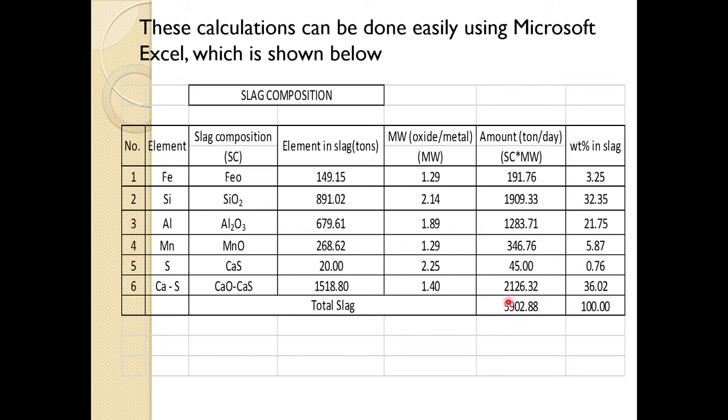So for a complex problem like this, one should use Microsoft Excel, and it would be much easier to solve the problem. Even if the composition changes, you can see the effect of various elements. If you change it, what would be the composition of the slag, and so on.